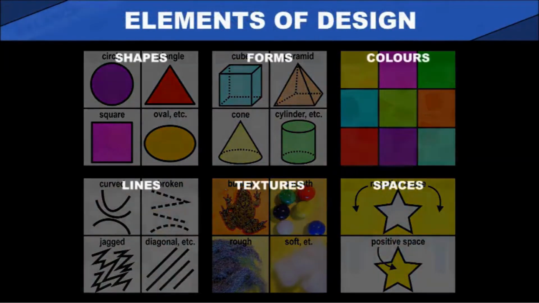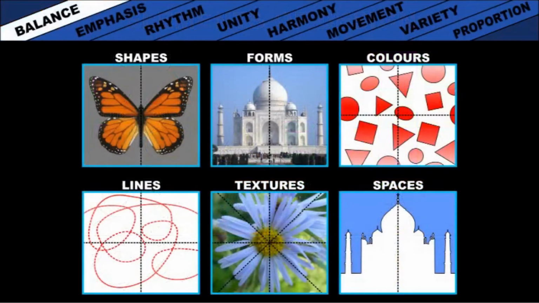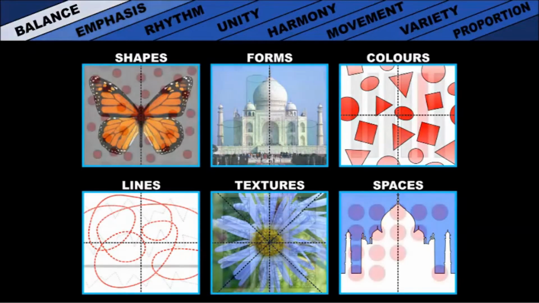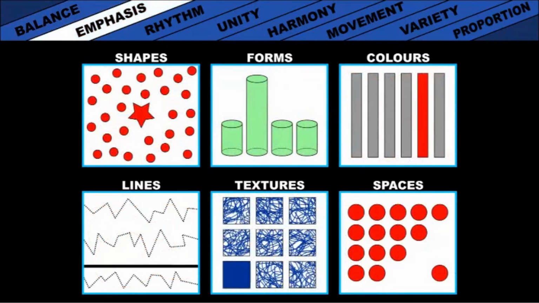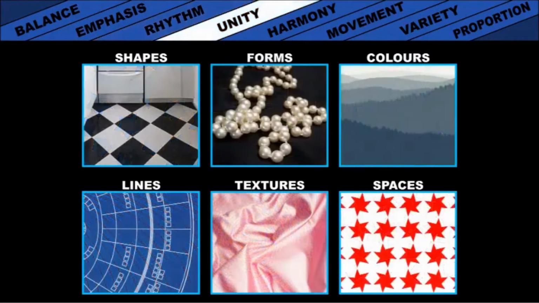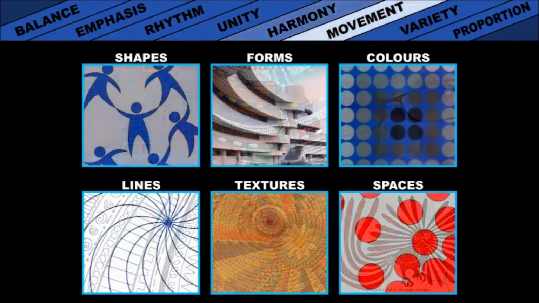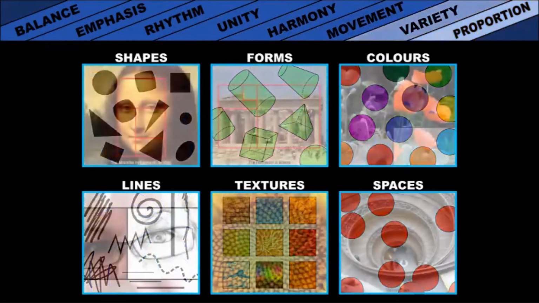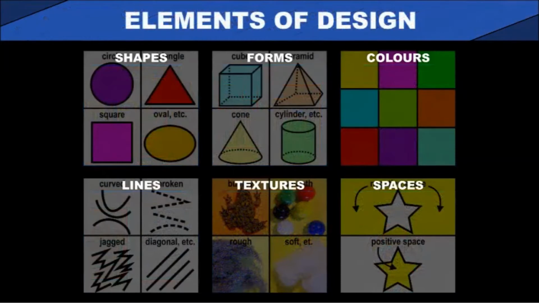We can apply the principle of balance to each element of design for balanced shapes, balanced forms, balanced colors, balanced lines, balanced textures, and balanced space. Likewise, we can apply the principle of emphasis to each element of design. We can apply rhythm, unity, harmony, movement, variety, and proportion to each of the elements of design.